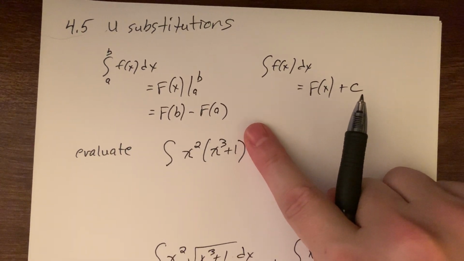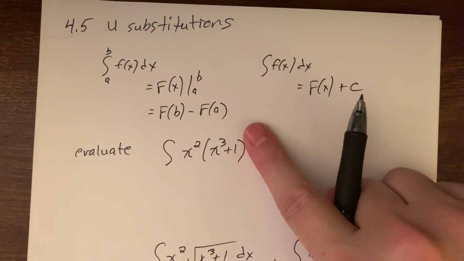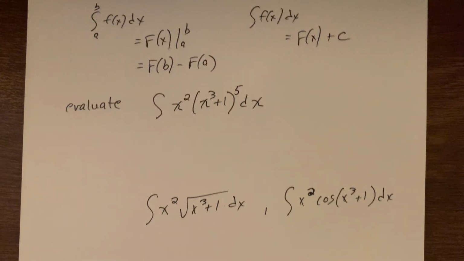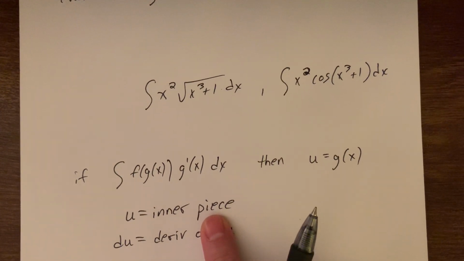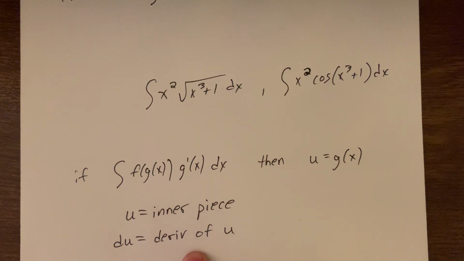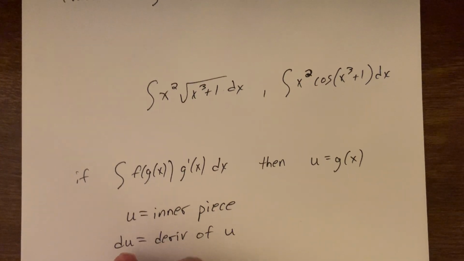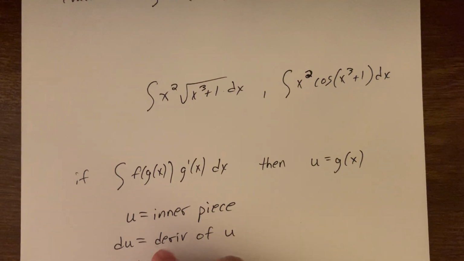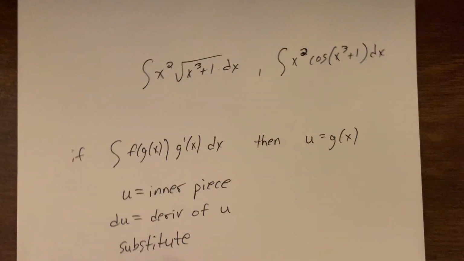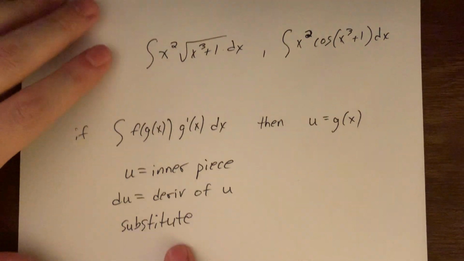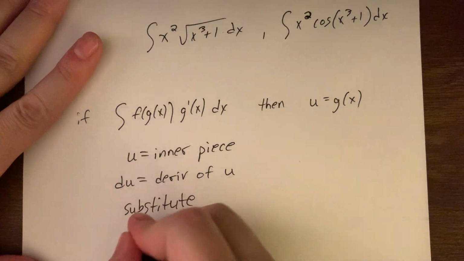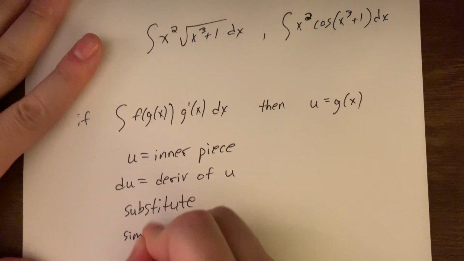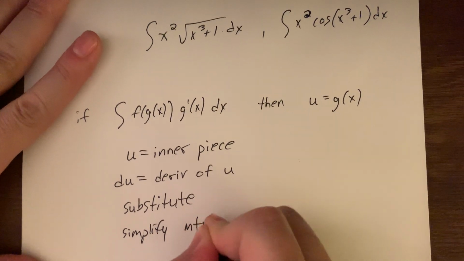So it's only if we're in trouble. And if we're in trouble, then we will start to consider letting U be the inner piece, and then we will take the derivative of U. From that point, we will then substitute, and I'll show you how that works. And then after we substitute, this should simplify the integral in some way.